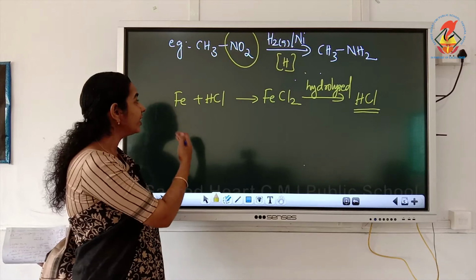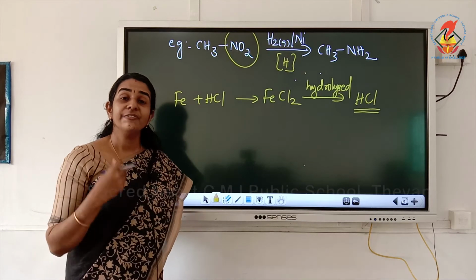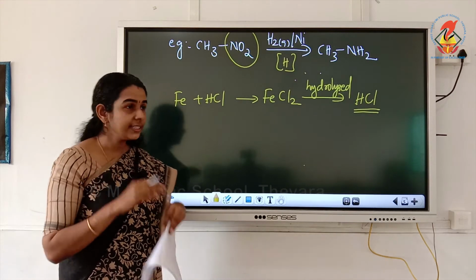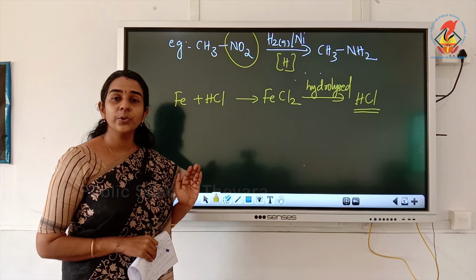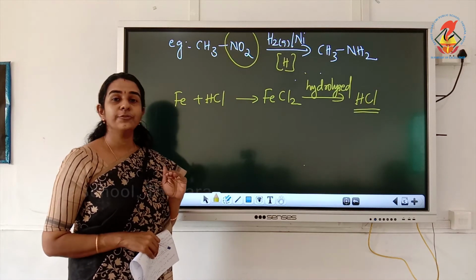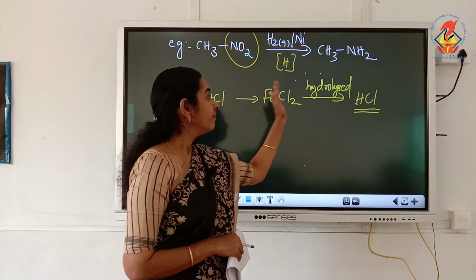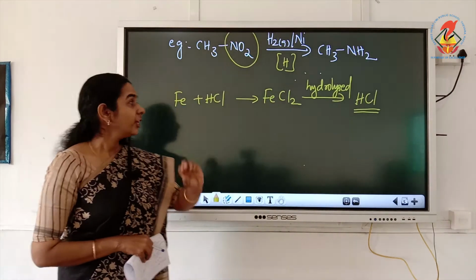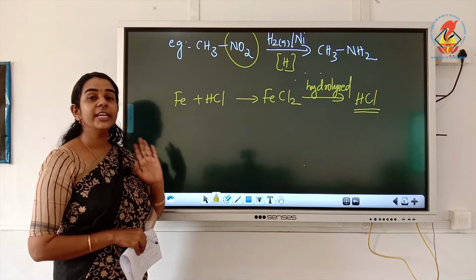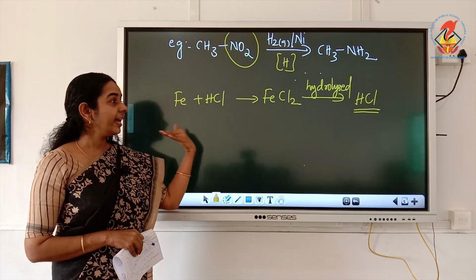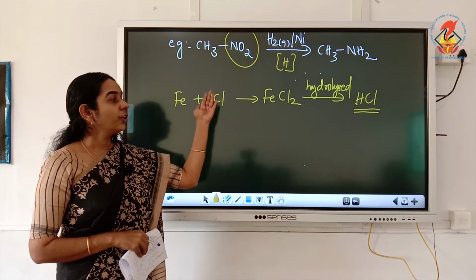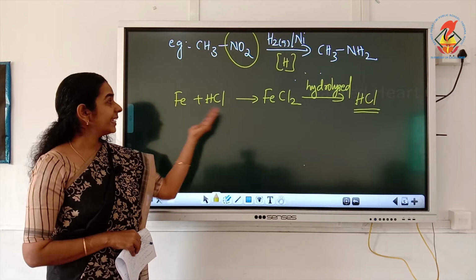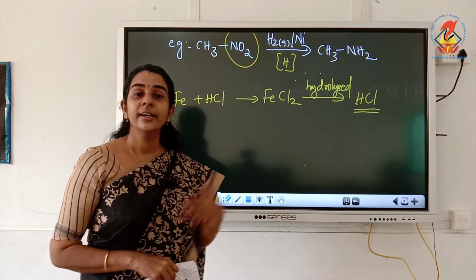So, when we use scrap iron and HCl, we need to use only a small amount of hydrochloric acid. Only to initiate the reaction we need to take hydrochloric acid, and as the reaction proceeds, more and more hydrochloric acid will be produced in the medium that can be utilized for further reaction.